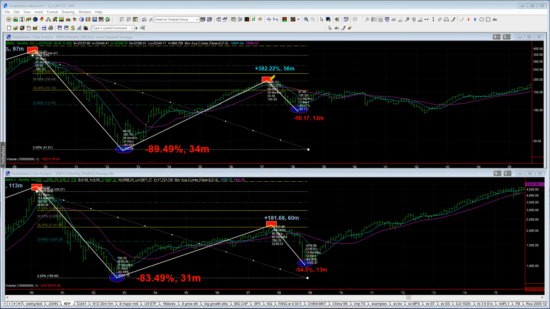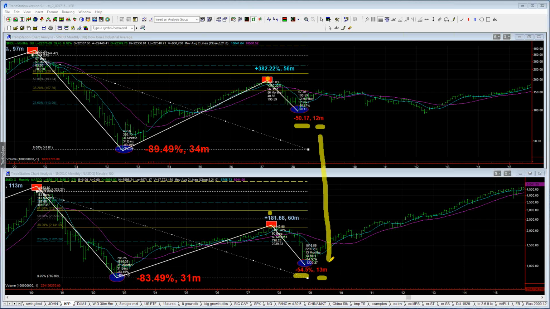And finally, we see that from this retracement and this retracement here, we had another decline, which in this case of the Dow was 50% in 12 months. And in the Nasdaq, into 2009, it was 54.5% in 13 months.